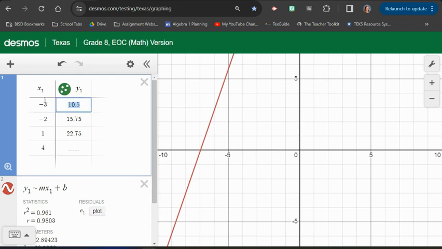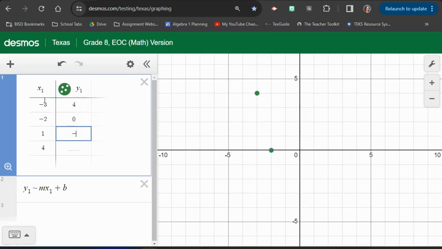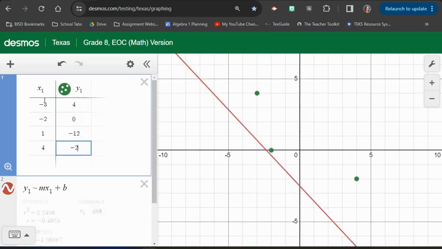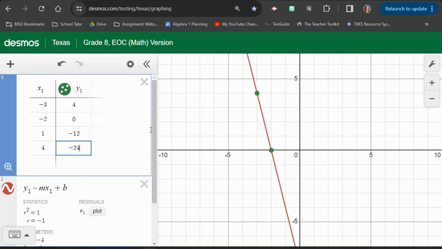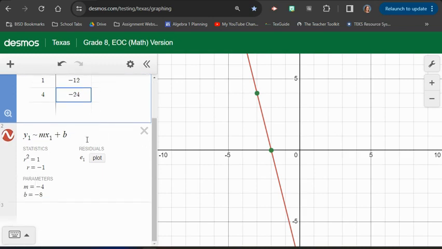Then I have 4, 0, -12, -24. Okay, so we have the x1 and y1 changed.